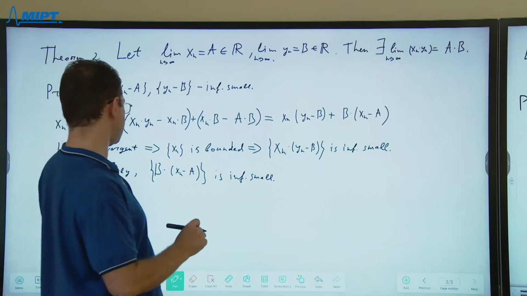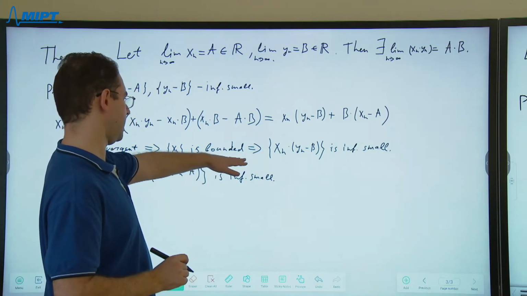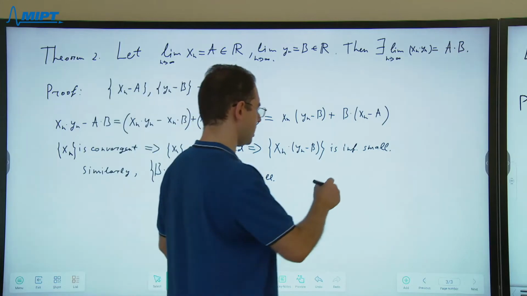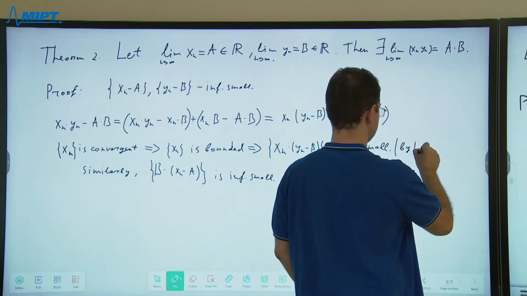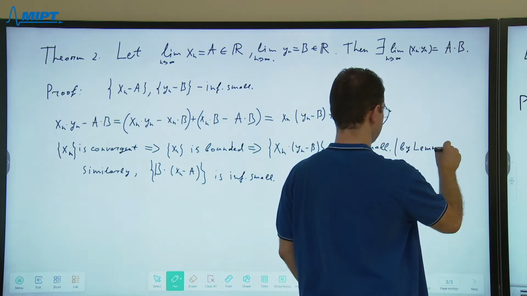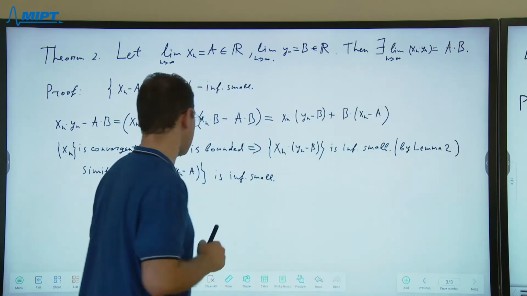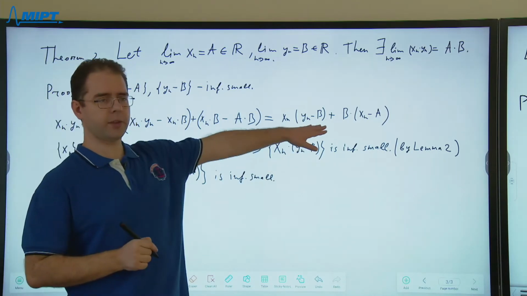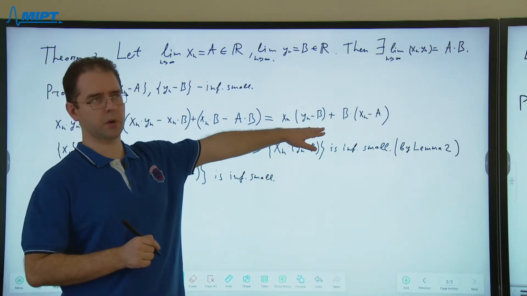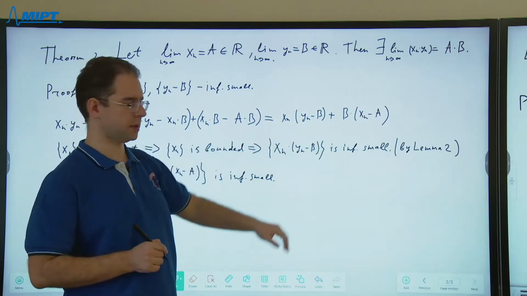Okay, let me expressly write down that this is by Lemma 2. Okay, then this expression is the sum of two infinitely small sequences.